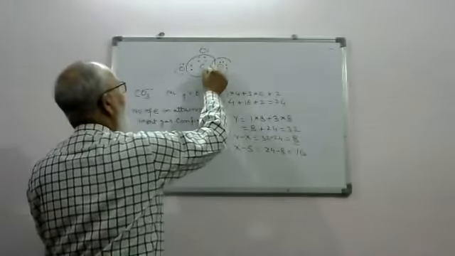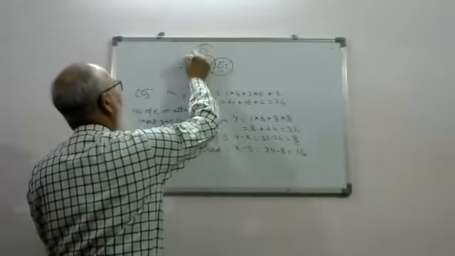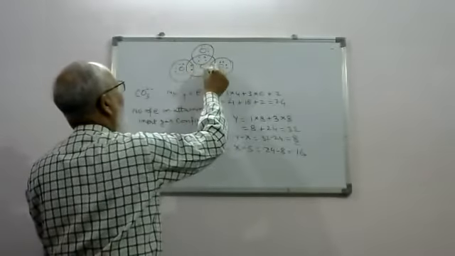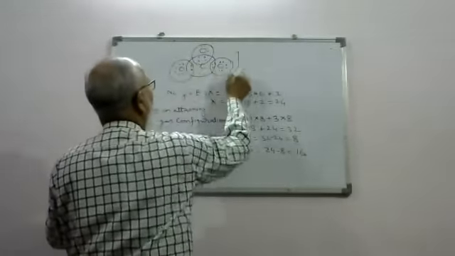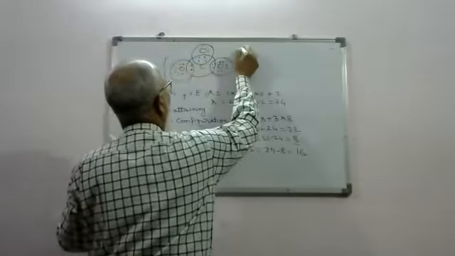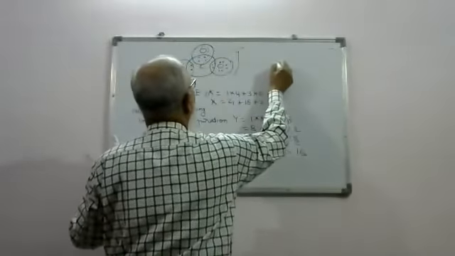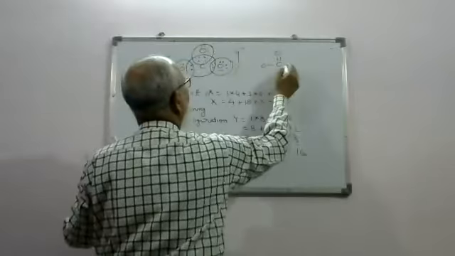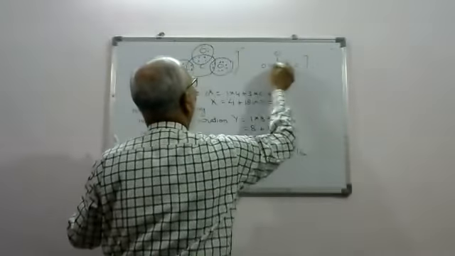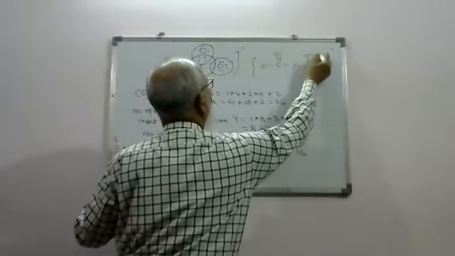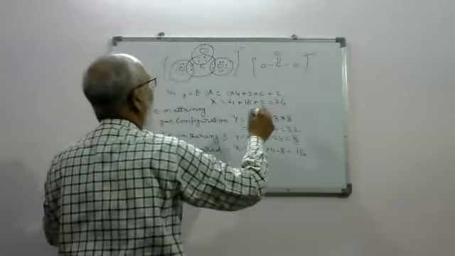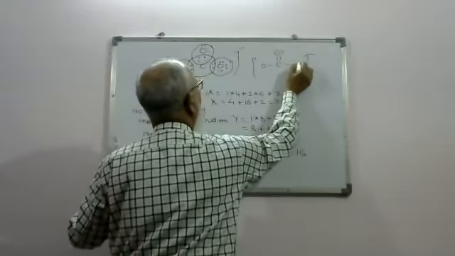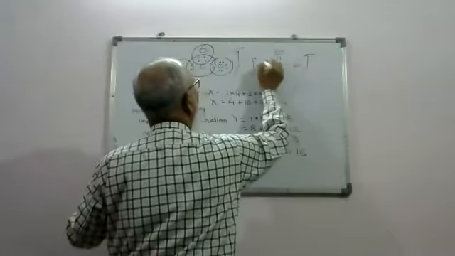In this way, this is your 8 electron, 8 electron, 8 electron, and this carbon has already 8 electrons. So the dash formula will be like this: C double bond O, O, O with 2 negative charge, and lone pairs of electrons, 2 lone pair here, 3 lone pair, 3 lone pair.